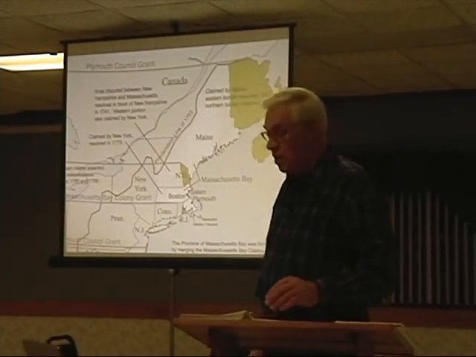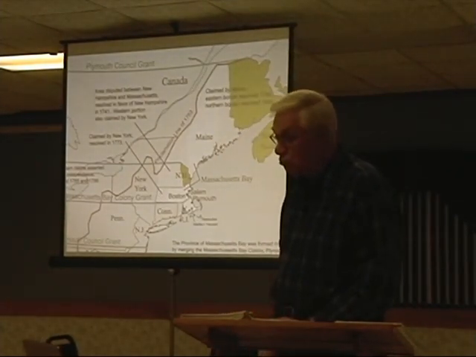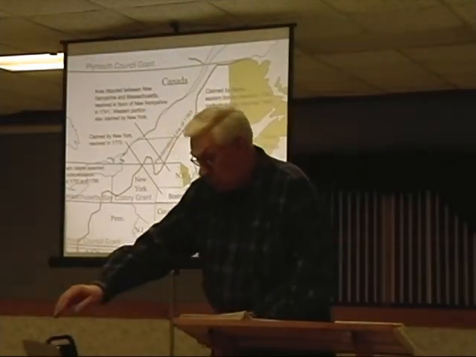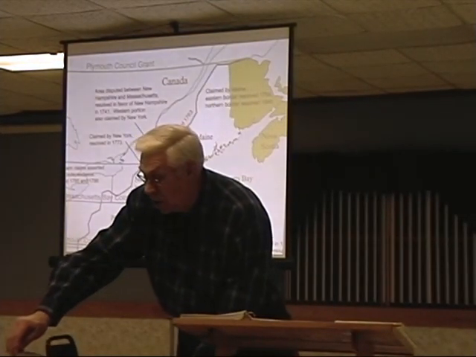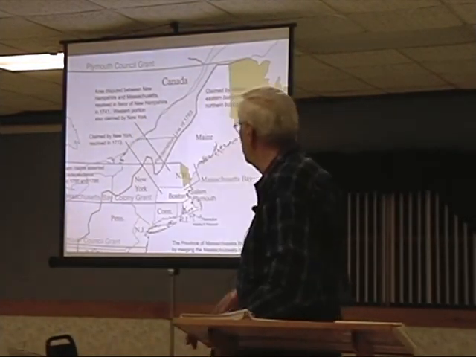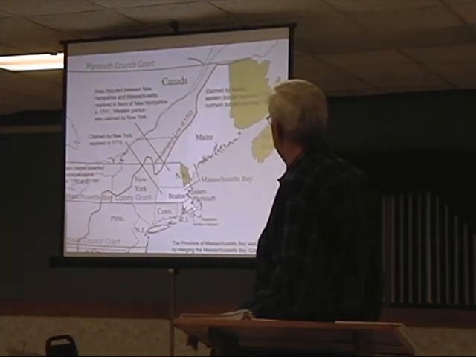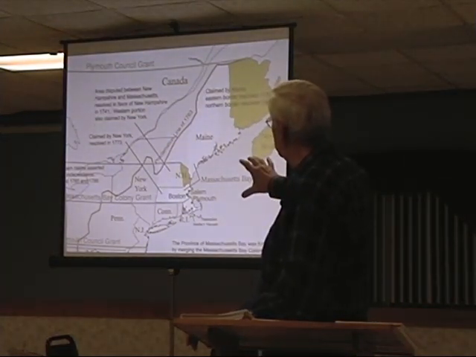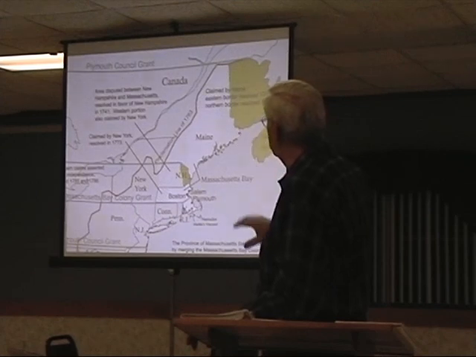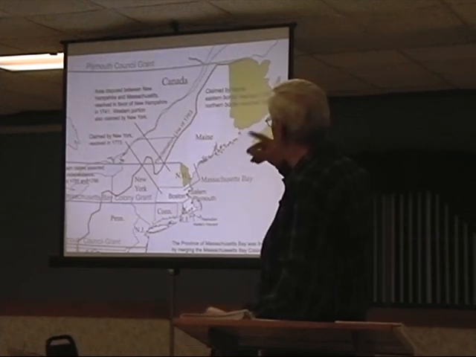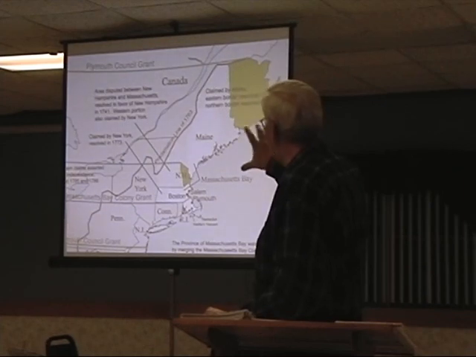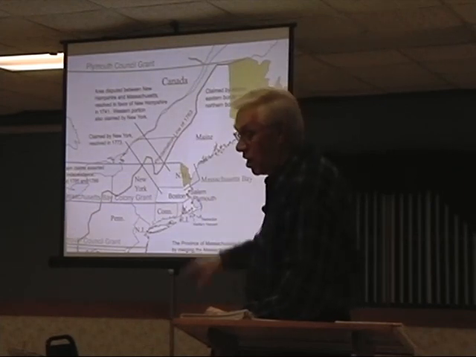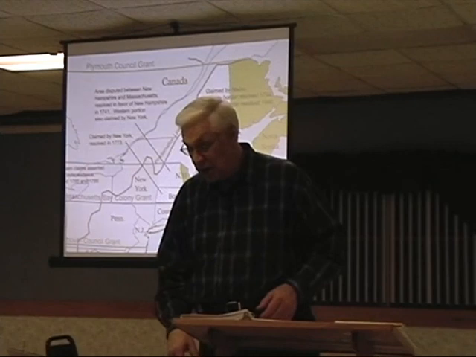From sea to sea, that grant was given. There are a lot of other things on here too, but basically that's what I wanted to show you on this map: what those early grants were and where they apply, because they play a part later on in the division of the land.